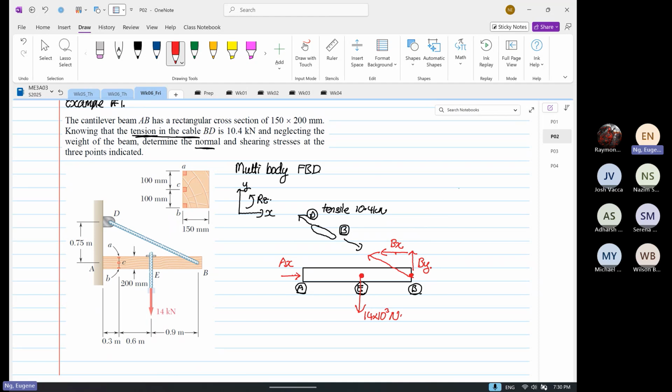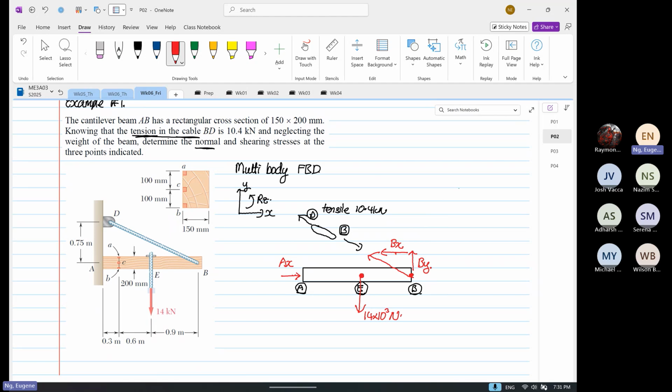Okay. And then we are also aware that there is a moment at point A. So the moment at point A, we have not calculated. In fact, we can see what the moment at point A is by doing some simple calculation.